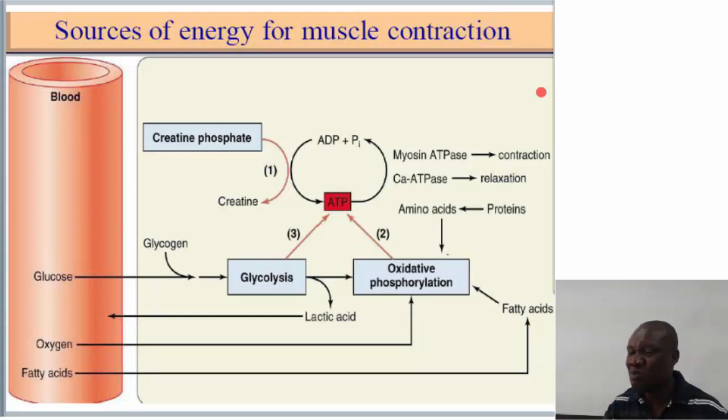When it goes through the glycolytic pathway, it results in the production of ATP. Right. It produces ATP, which is the energy source. Now, in the absence of oxygen, the pyruvate will be converted into acetyl-CoA, which goes to produce lactic acid.